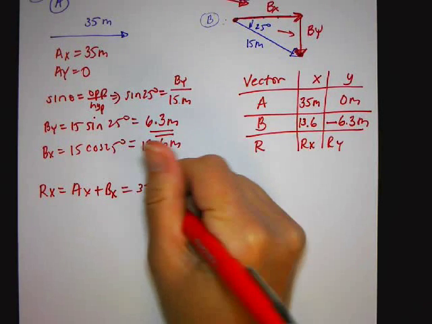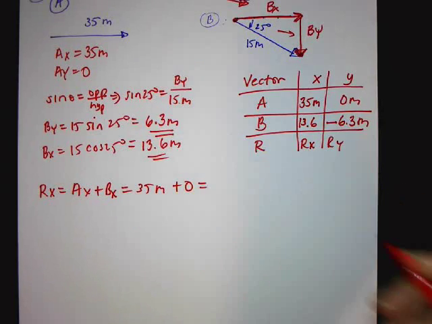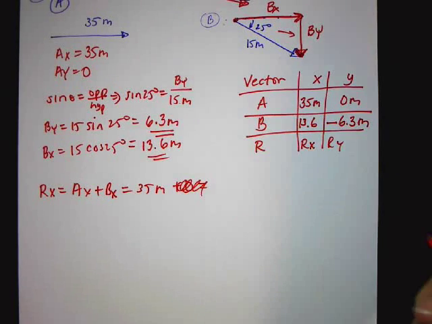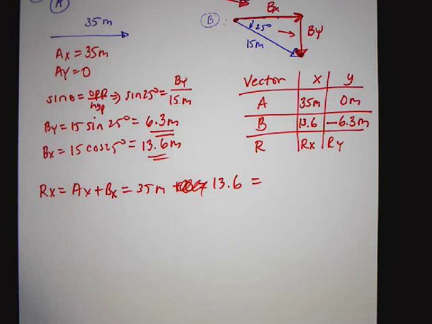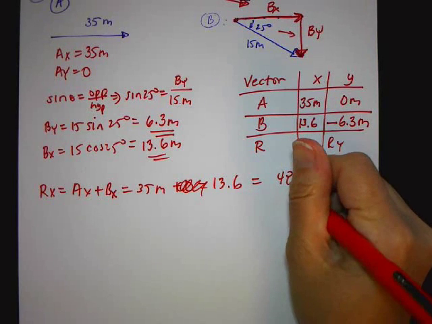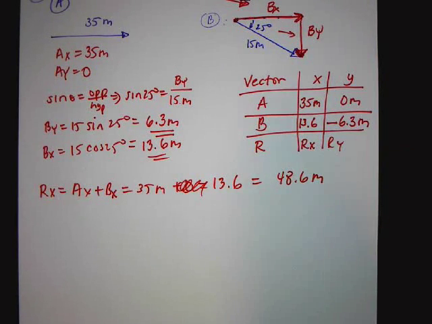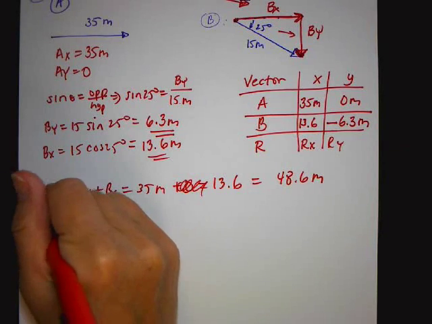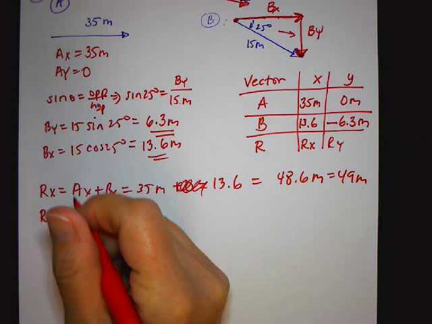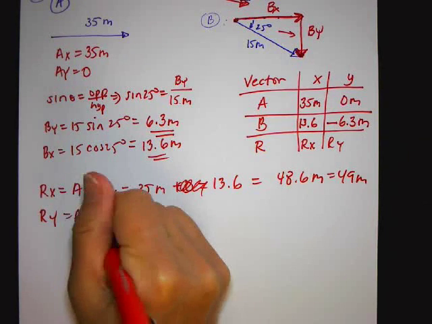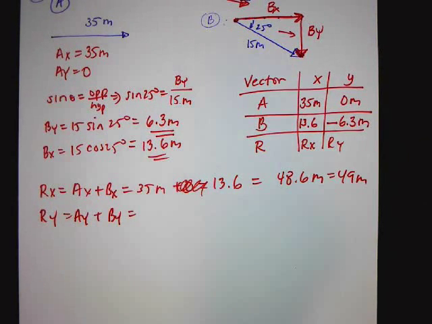That comes out to be 48.6 meters. I'll just round this to 49, to two significant figures. Ry is equal to Ay plus By, and this comes out to be 0 plus negative 6.3 meters. So this comes out to be negative 6.3 meters.